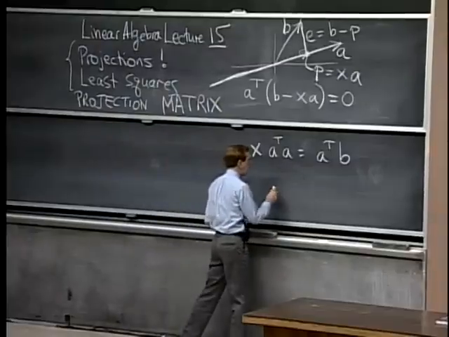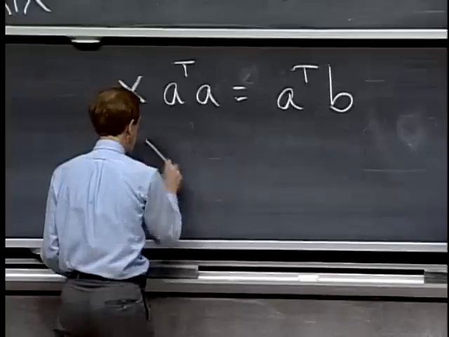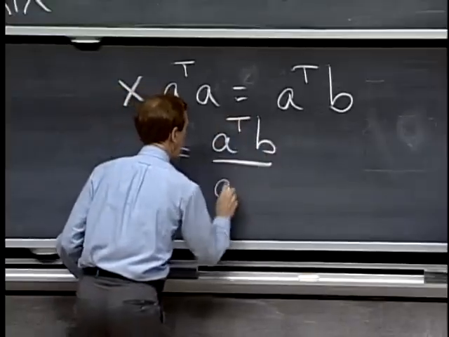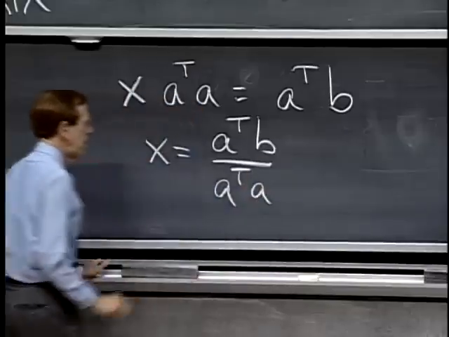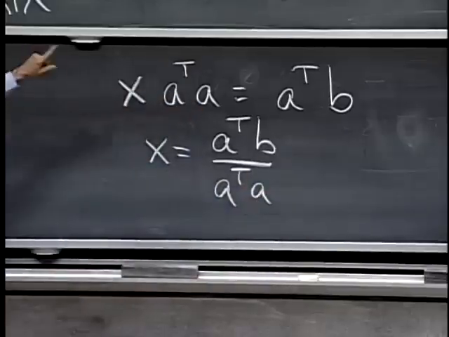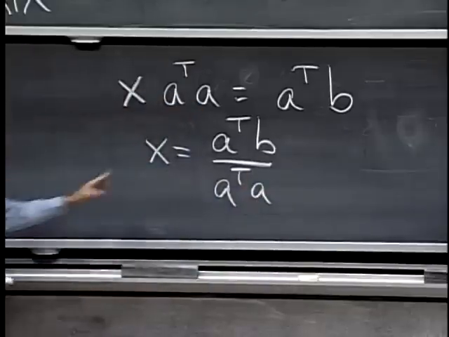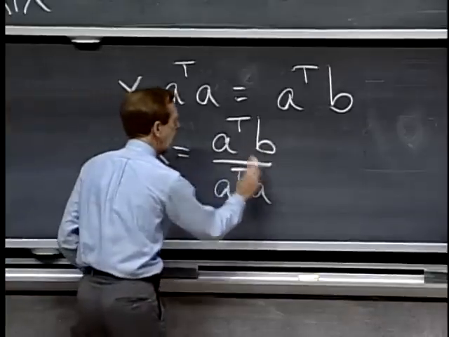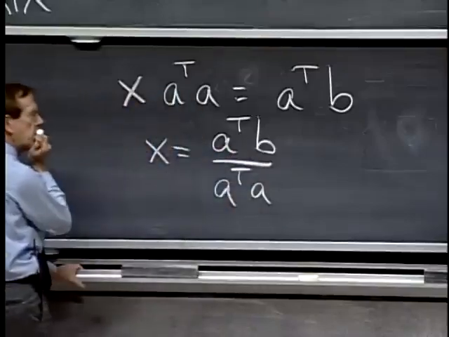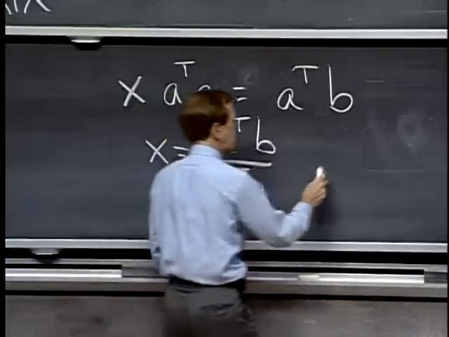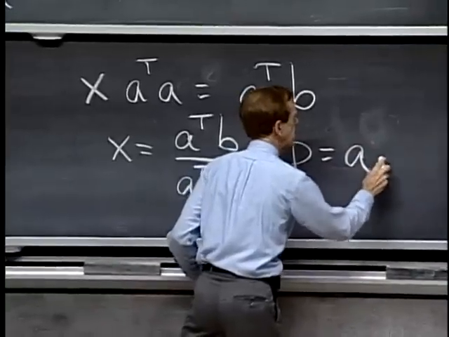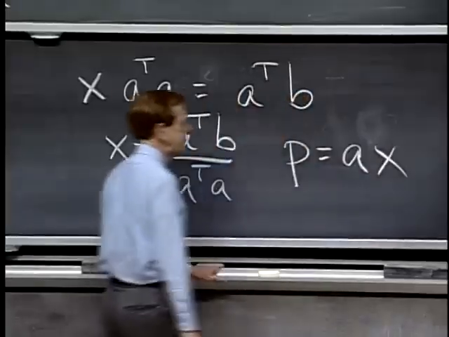And I divide by it, and I get the answer. X is A transpose B over A transpose A. And P, the projection I wanted, that's the right multiple. That's got a cosine theta built in, but we don't need to look at angles. We've just got vectors here. And the projection is P is A times that X, or X times that A.